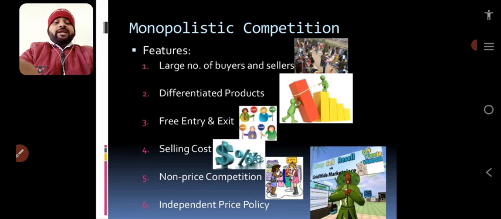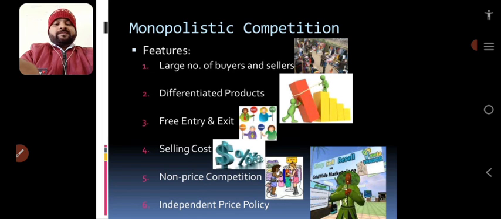Selling cost. Each firm tries to promote its sales through advertisement. The selling costs are very high. Non-price competition. Buyers and sellers do not have perfect or complete knowledge about market conditions. As a result, sellers incur heavy costs on advertisements.